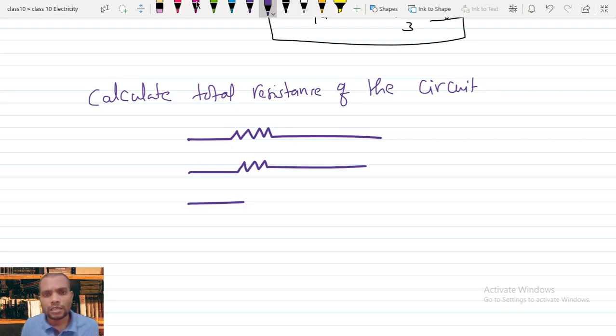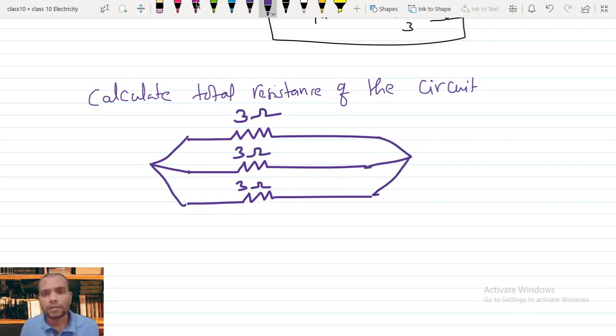So this is 3 ohms, this is also 3 ohms, and this is also 3 ohms, and they are connected in parallel combination.